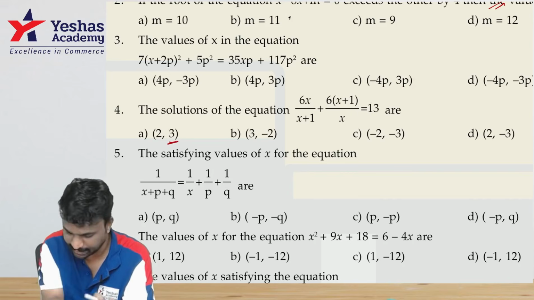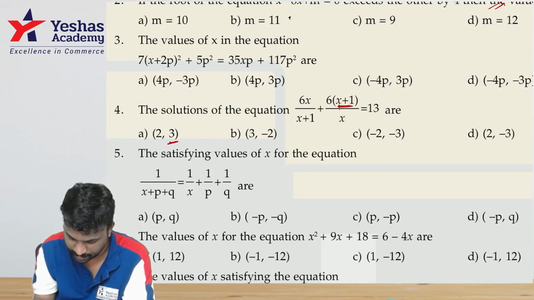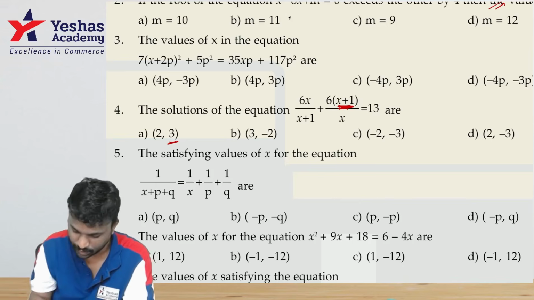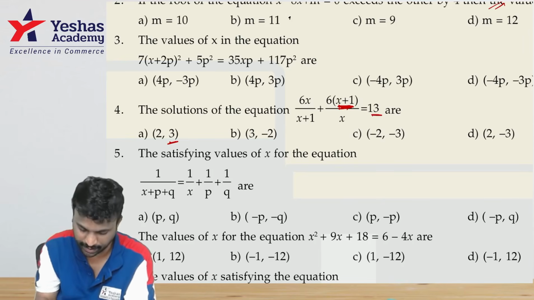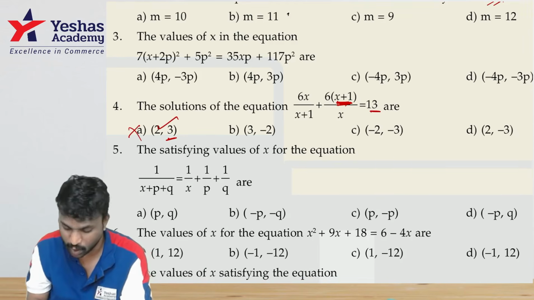It should get satisfied. 6 into 3 divided by 3 plus 1 is 4, next, 3 plus 1 is 4. So 6 into 4 divided by 3, so it's 12.5, it's not 13. So 3 did not satisfy, but 2 satisfied. So which other option has got 2? Option D has got 2.